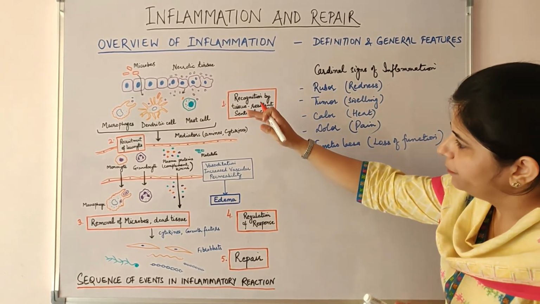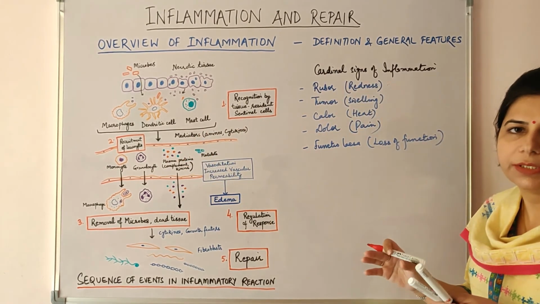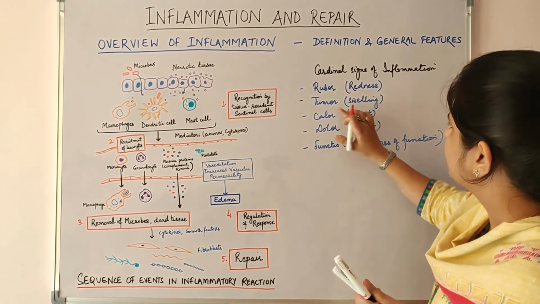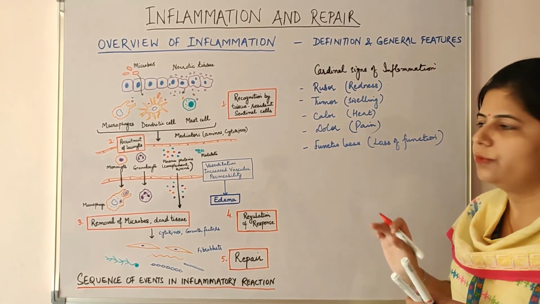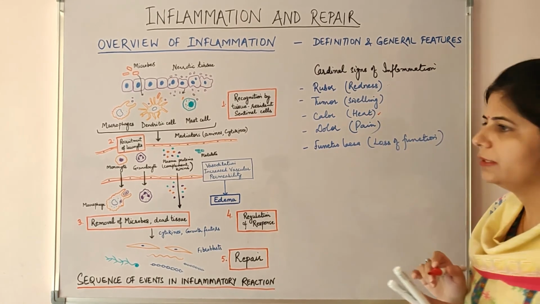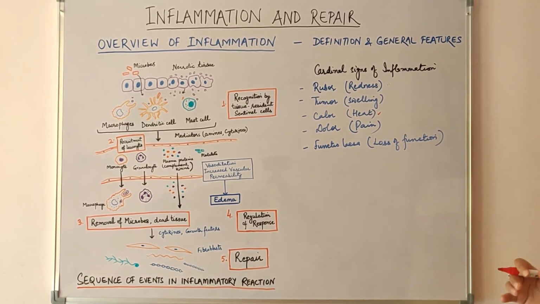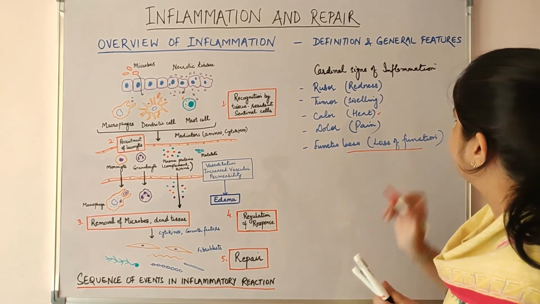So there is exodus of leukocytes, plasma proteins, and fluid from the circulation to the extravascular space. This leads to swelling, and increased blood flow leads to redness and heat, and pain is due to release of some mediators of inflammation like prostaglandins, and loss of function is there.